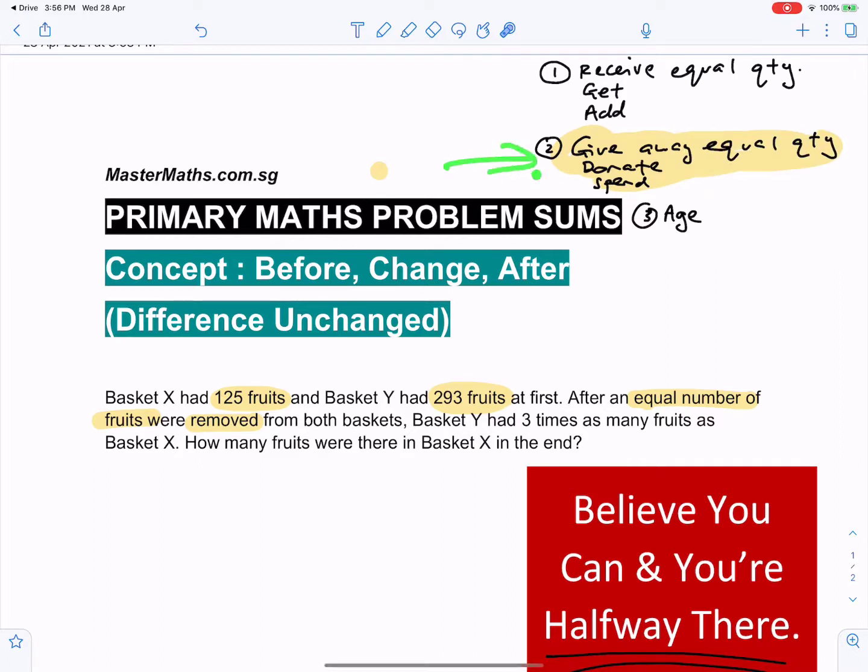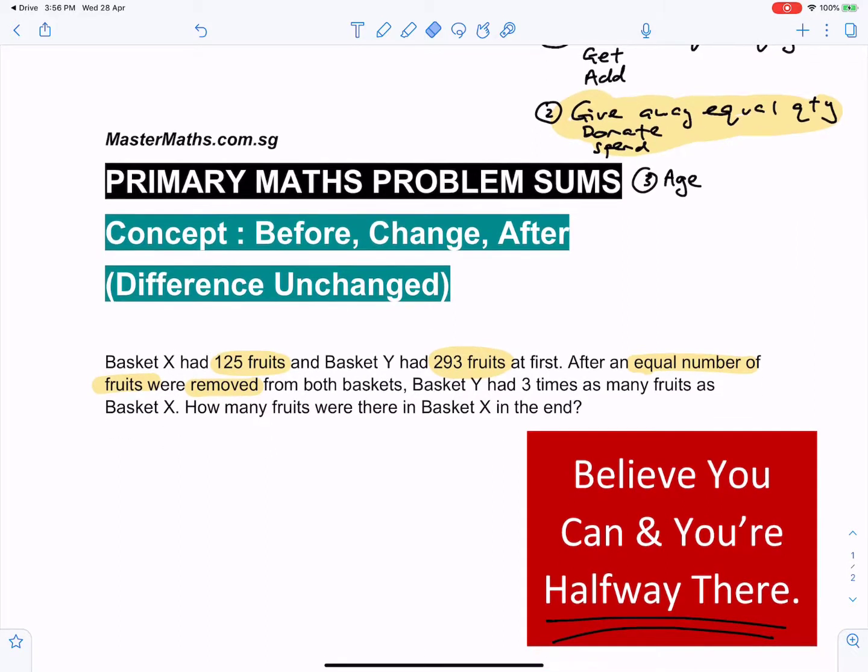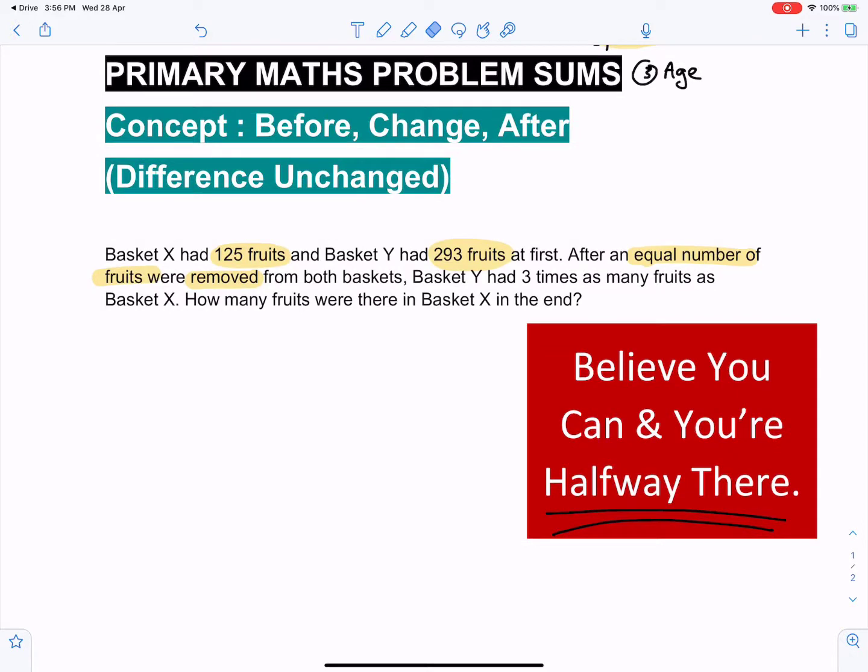Remove means you take away, means you give away, means you have reduced in quantities. That is actually the second case, which should point us to a difference unchanged problem sum. Now let's read that again. After an equal number of fruits were removed from both baskets, basket Y had 3 times as many fruits as basket X. How many fruits were there in basket X in the end?